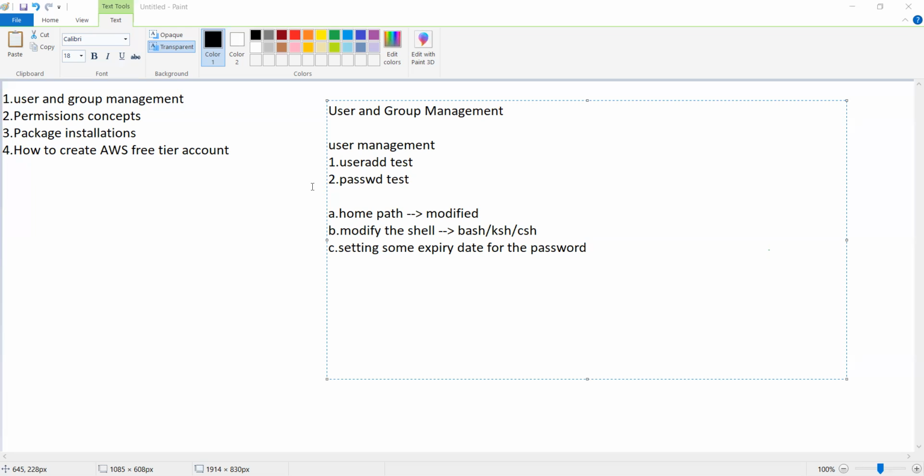No, so basically this would be taken care of by system administrators, Linux system administrators who manage user and group management. But the reason we are discussing it here is that while doing projects, we would be doing these kinds of configuration things like user and group management. Going forward, we would have real-time projects, and at that time we need to create some users and passwords, right?